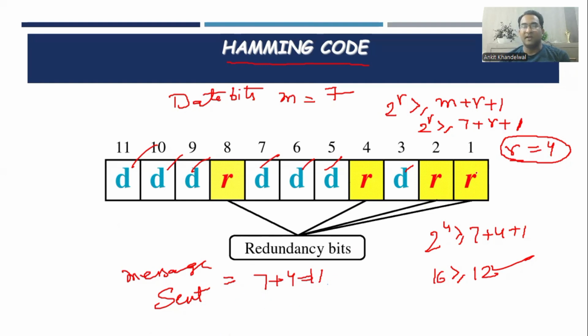They are added at bit position 1, position 2, position 4, and position 8. How we add them we will discuss. In this Hamming code, the redundant bits are added in between the data bits.